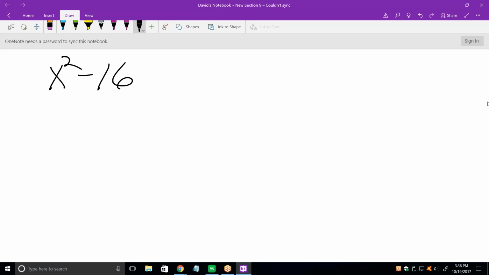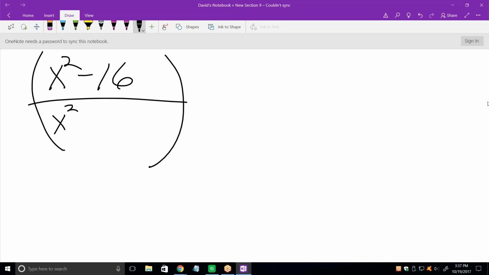Well, I can immediately see that's difference of perfect squares. What's it over? x squared. And then the entire expression is multiplied by x squared minus 4x over x squared subtract x subtract 12.